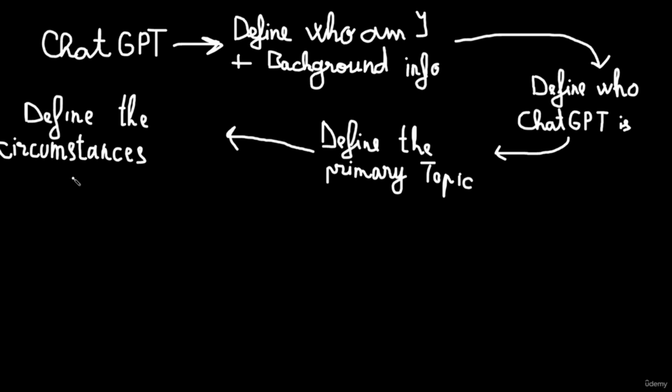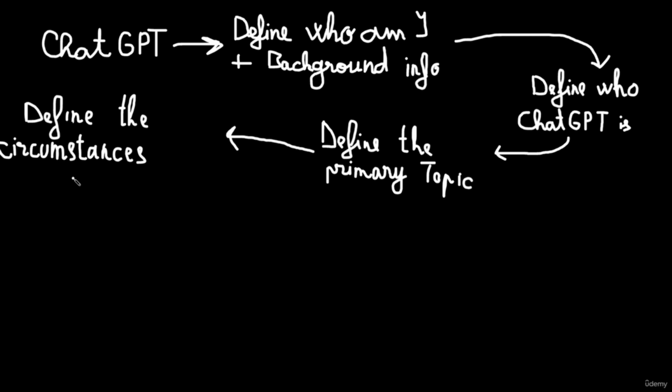You could add background of another person or of your, I don't know, business or whatever action or occupation that's related to this topic. And of course, circumstances might also include what's the outcome you want to get.